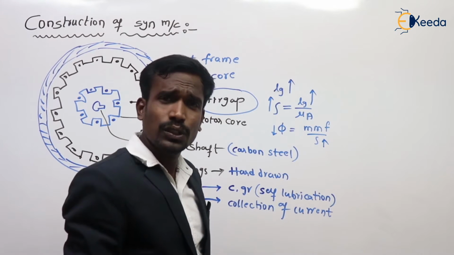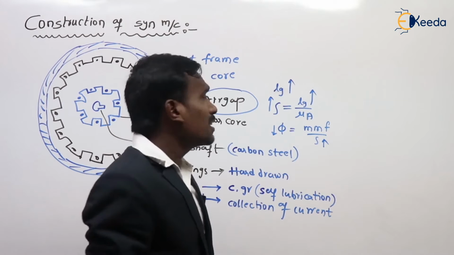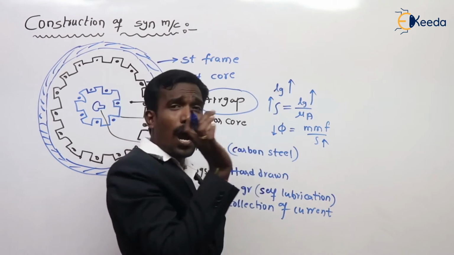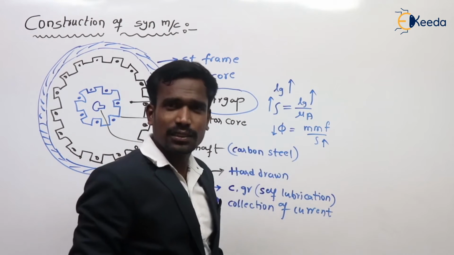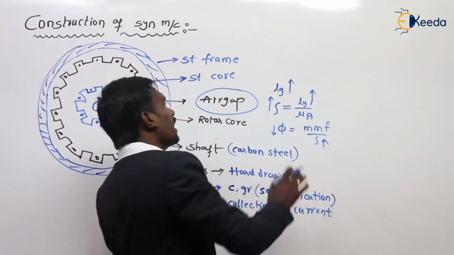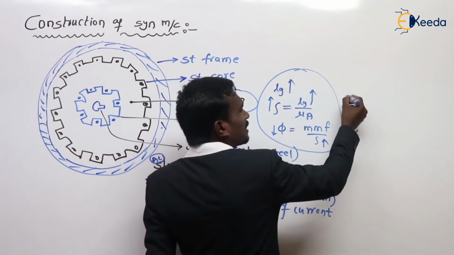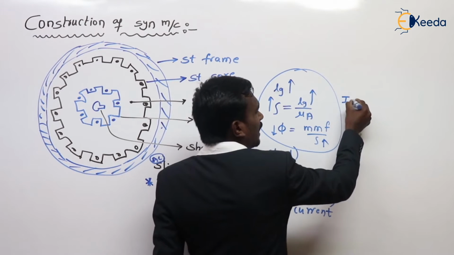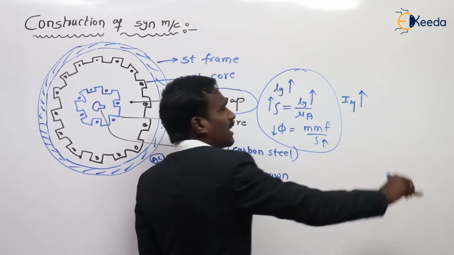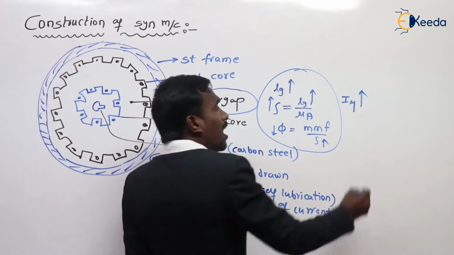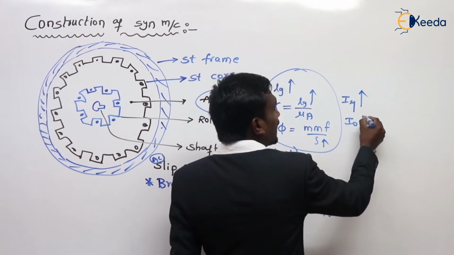Then to maintain the same flux, if the air gap length increases, the magnetization current or no-load current increases.